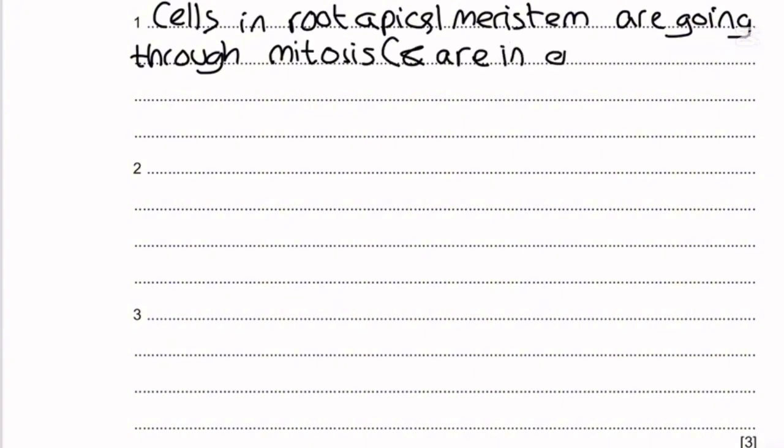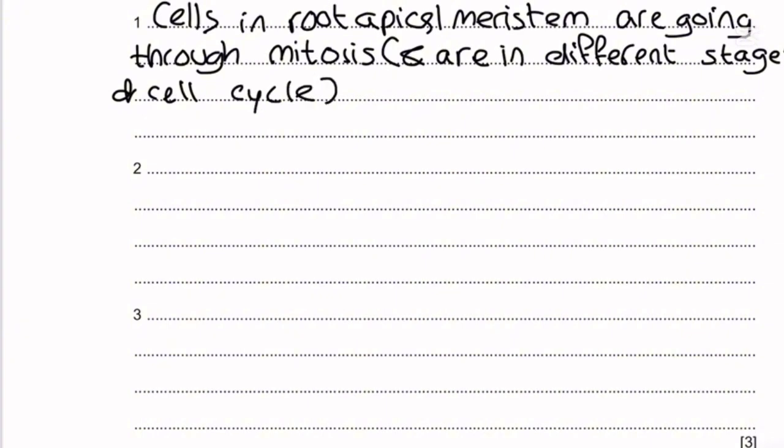So cells in root apical meristem are in different stages of mitosis, like, for example, metaphase, anaphase.